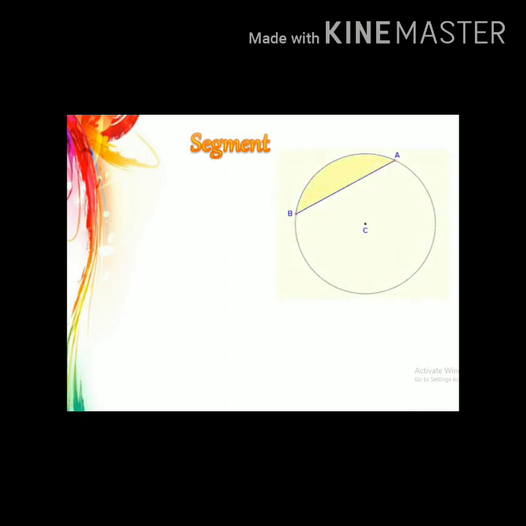Let's draw it here. Here we have drawn a chord AB in the circle with center C, right? This chord AB divides the circle into two pieces, right? One is a small piece and another is a big piece. This type of part is called segment of the circle.